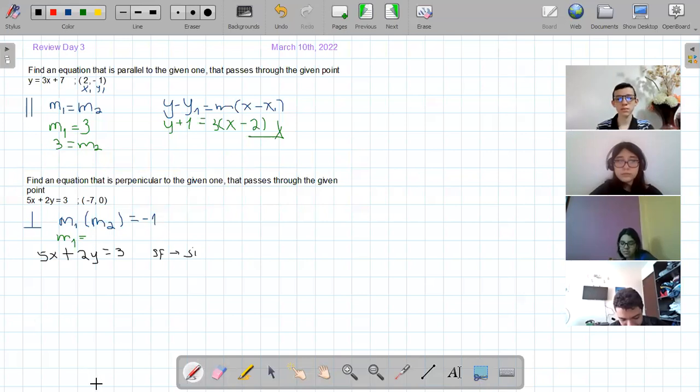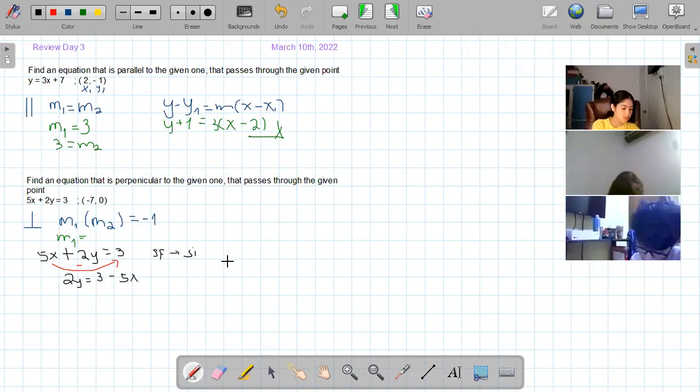So let's transform it. We need to leave the variable y completely alone on one side, okay, and positive. So this 5x is going to go to the other side with an inverse operation, which is minus. We're going to have 2y is equal to 3 minus 5x. Do we have the variable y completely alone and positive?